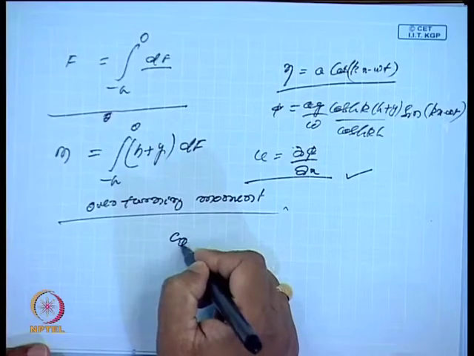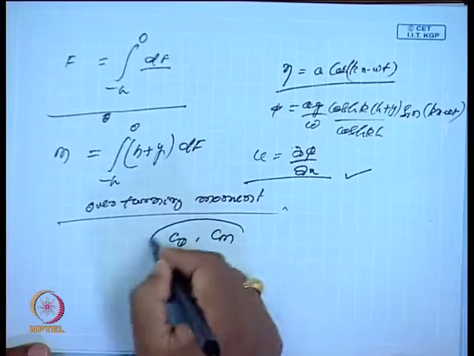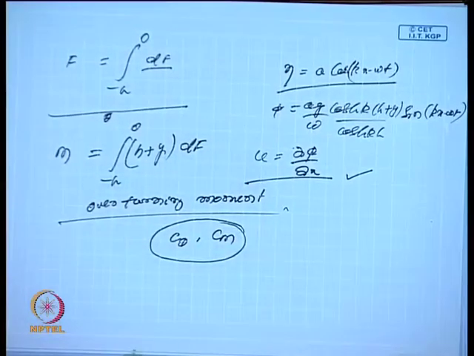Where the structure is thin and both inertia and viscous effects are very important, we always apply this Morison equation to calculate the wave load on the structure. It all depends on the empirical formula, which depends on two factors, C d and C m. Depending on the nature of the structure, this C d and C m are calculated sometimes computationally, sometimes by model test or physical model testing.